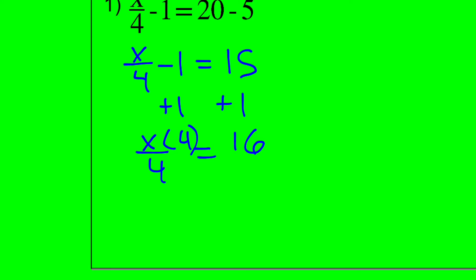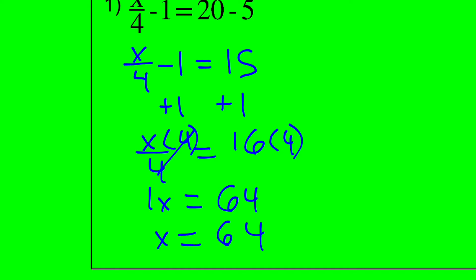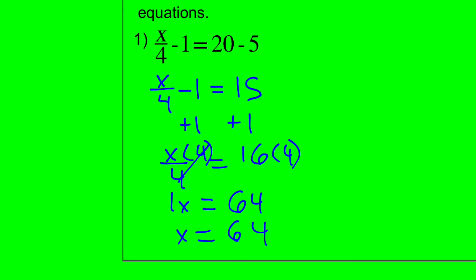Times by 4, times by 4. And this is equal to 1x equals 16 times 4 is 64, or x equals 64. And that is how we begin solving a multi-step equation. You just have to group up your like terms, simplify all the things that you do before solving the equation.